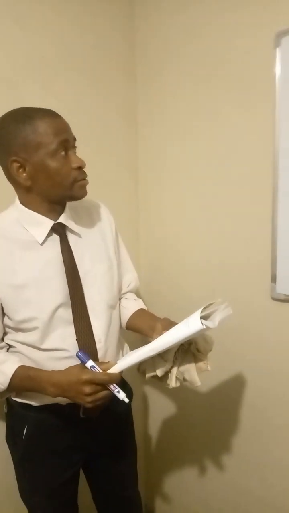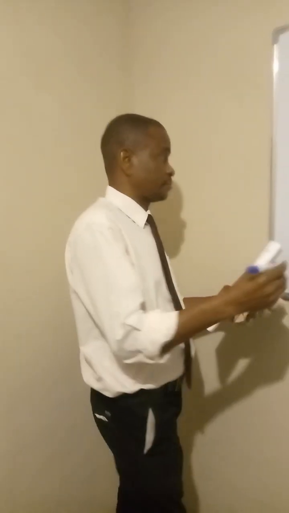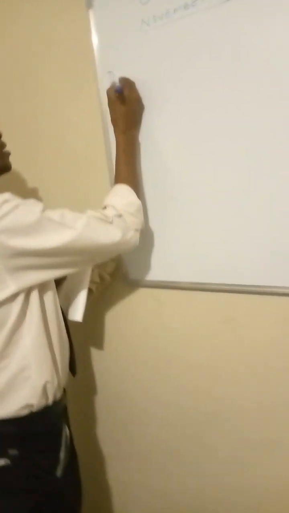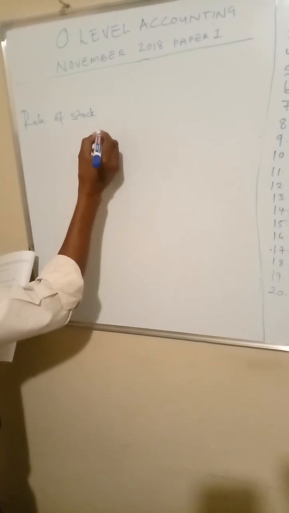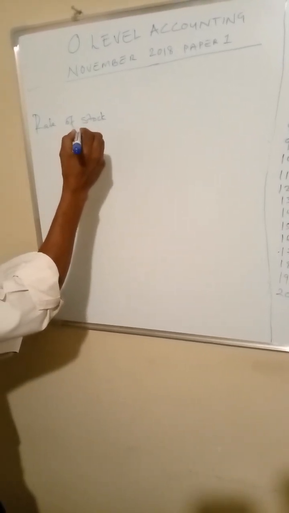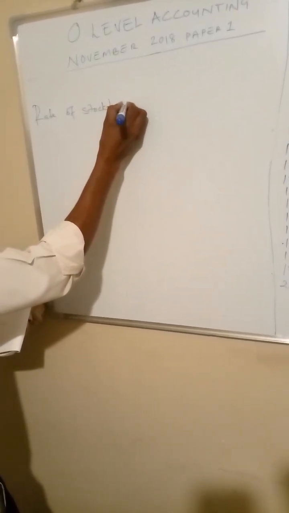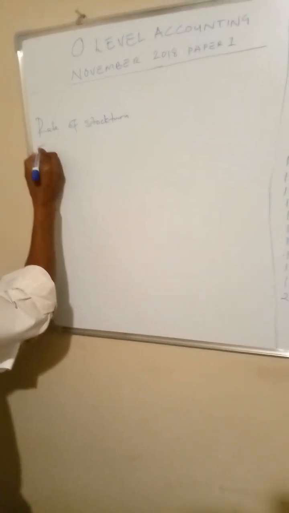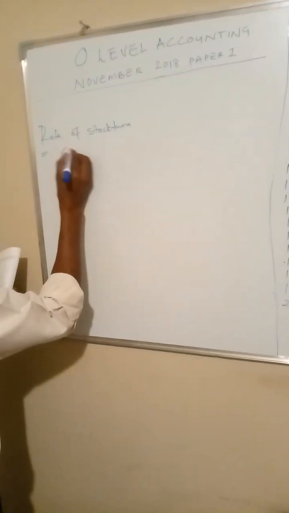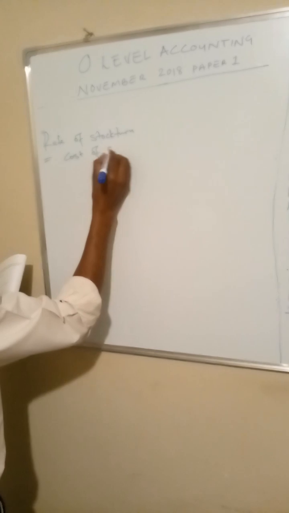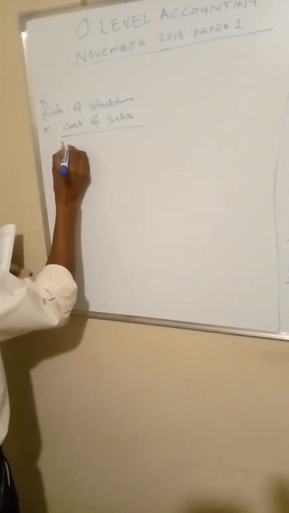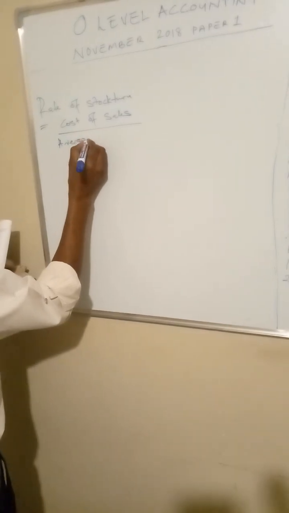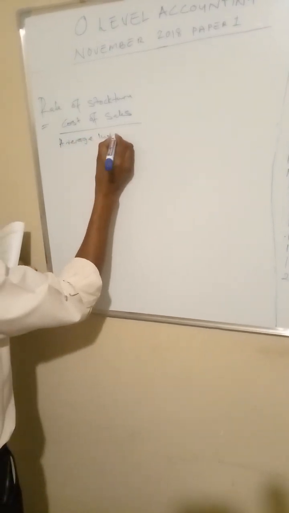The rate of stock turn, here we use the formula: rate of stock turnover is equals to cost of sales over average inventory.